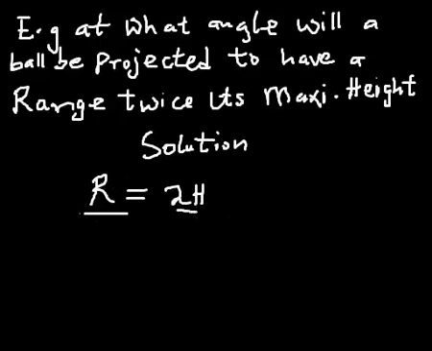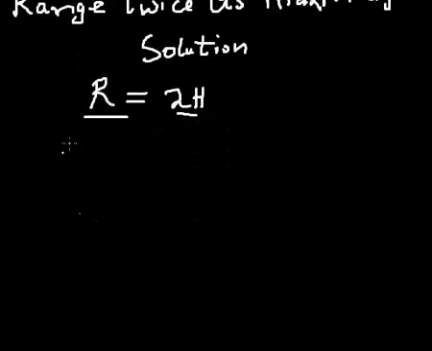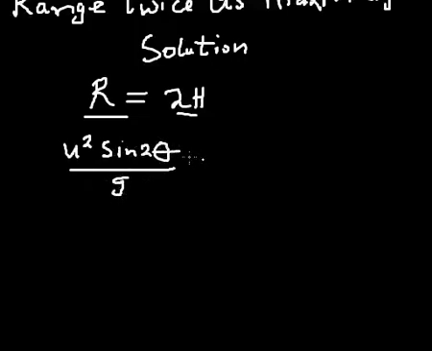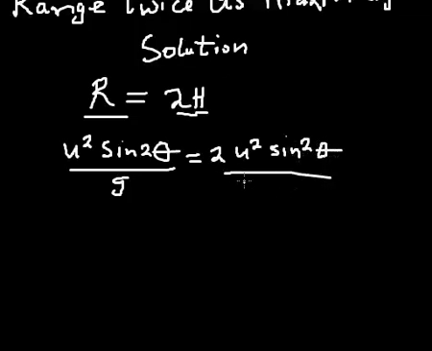And of course, you know that there's an angle in range, all right? For range, we'll have u squared sine 2 theta all over g, equal to 2 times, of course, for maximum height, the formula is u squared sine squared theta all over 2g, all right?